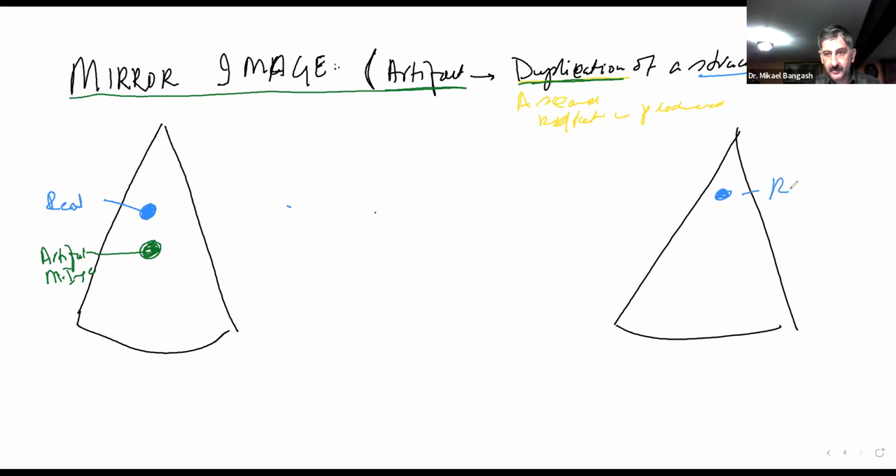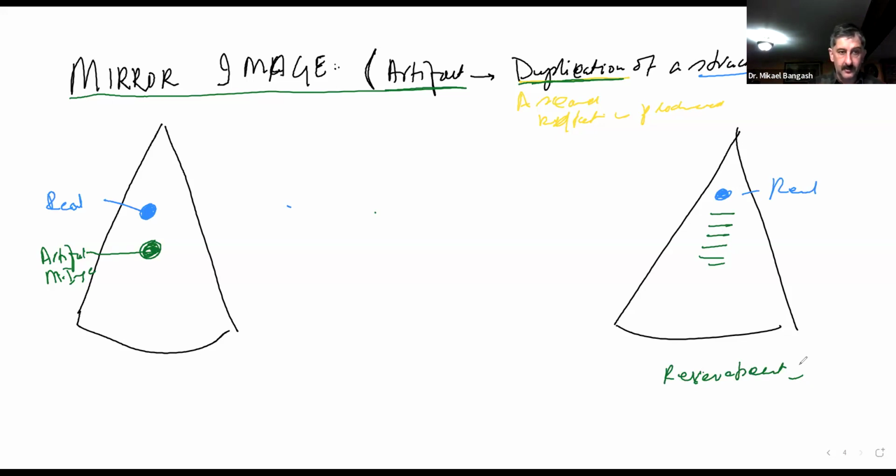This here was real, and then we just deeper down had the artifact, which is called reverberation. No. And there are going to be some explanations for that.